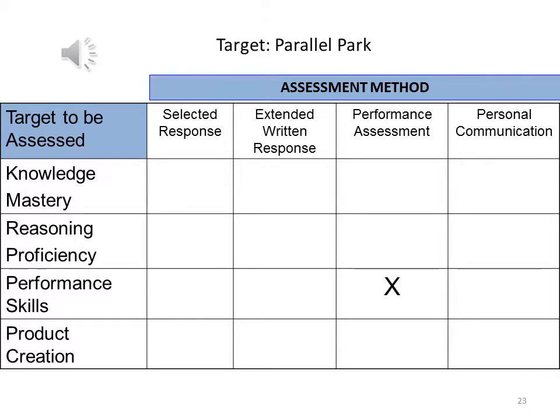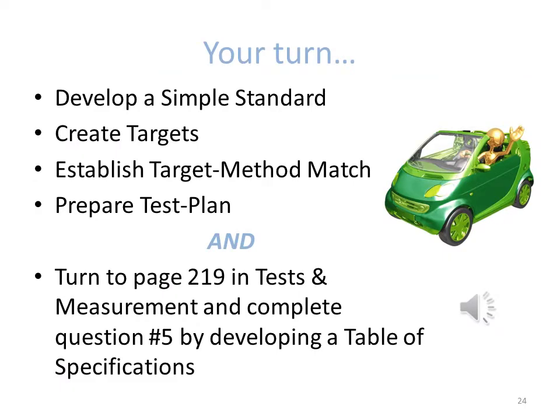If we're looking at our performance skills, our target may be to parallel park or to drive the maneuverability course that you have to do. These would be performance assessments. Somebody's riding with you, marking you on your skill set, and providing you feedback afterwards as to how well you did.